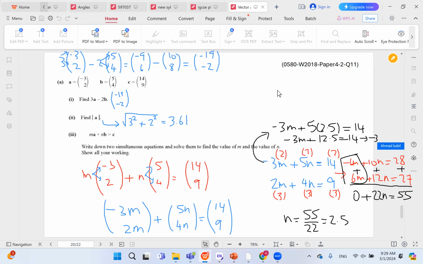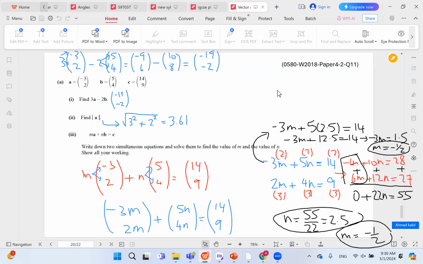So negative 3m equals 14 minus 12.5. Of course, 14 minus 12.5 is 1.5. So m equals 1.5 over negative 3, which gives us negative half. So the value of m would be negative half. And these are the final answers for triple I.